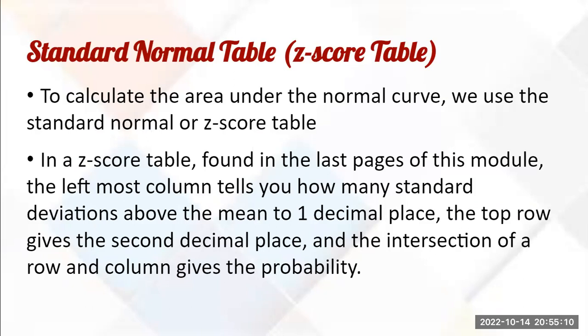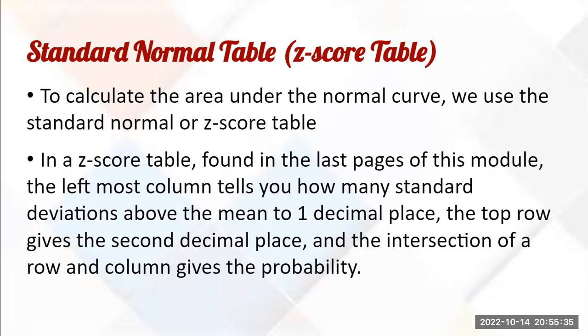In a z-score table found in the last pages of this module, the leftmost column, the first column, is vertical. It tells you how many standard deviations above the mean to one decimal place.